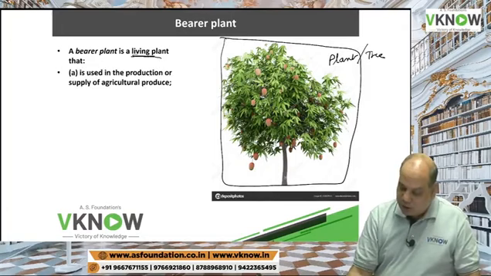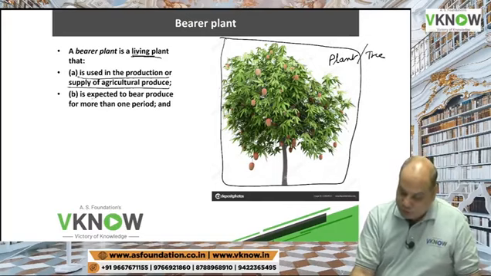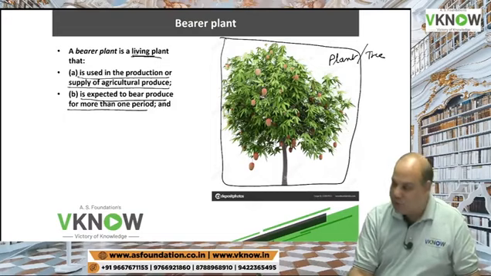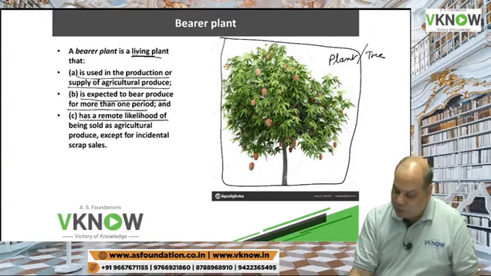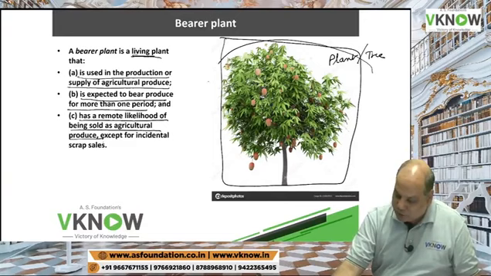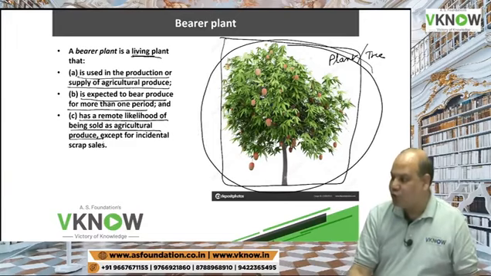A living plant that is used in the production or supply of agricultural produce, is expected to bear produce for more than one period, so it will generate fruit for more than one year, and has a remote likelihood of being sold as agricultural produce. The tree itself is not sold.